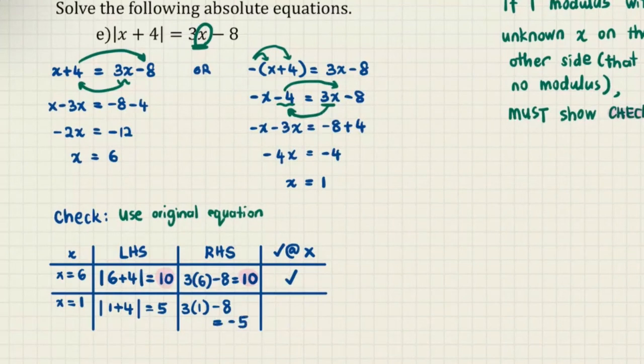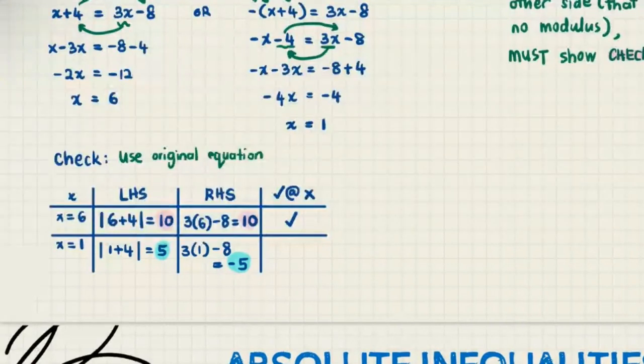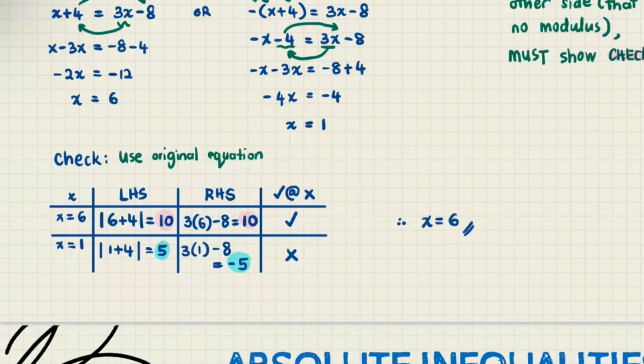Okay. So if you look here, on the left hand side we have 5, but on the right hand side we have negative 5. So it is not the same. Left hand side is not equal to right hand side. So that means x equals 1 will be rejected. Okay. So once the recheck step is done, then we conclude our final answer. So the final answer is x equals 6 only.